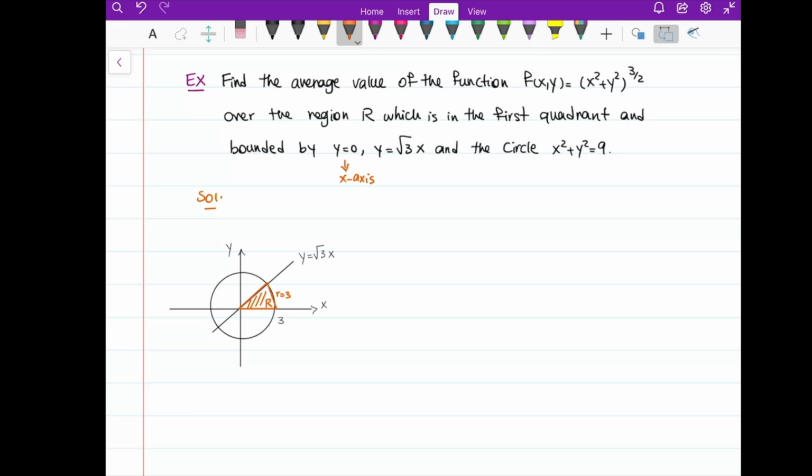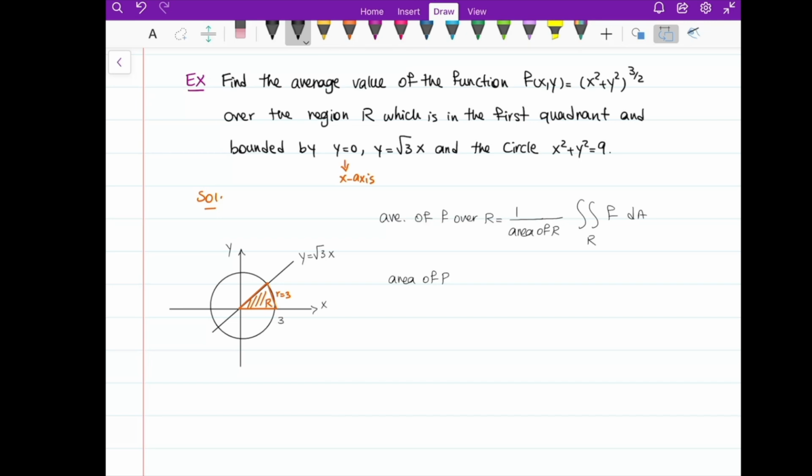Okay, now we want to find the average value. So the average of f over the region R has a formula. It's 1 over the area of R, and then the double integral of f dA over the region R. So let's find the area of R first.